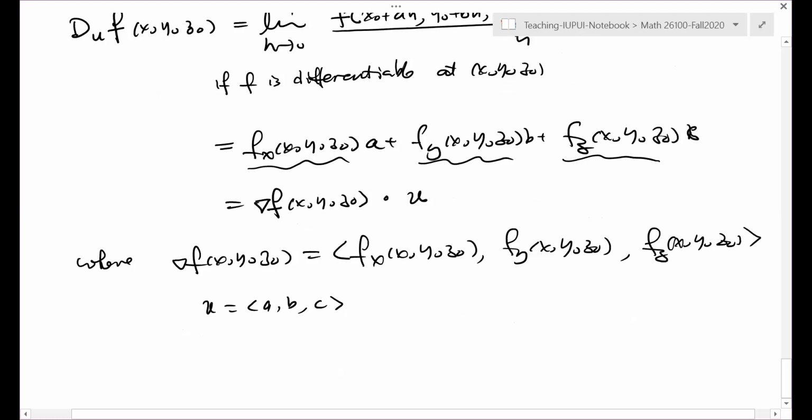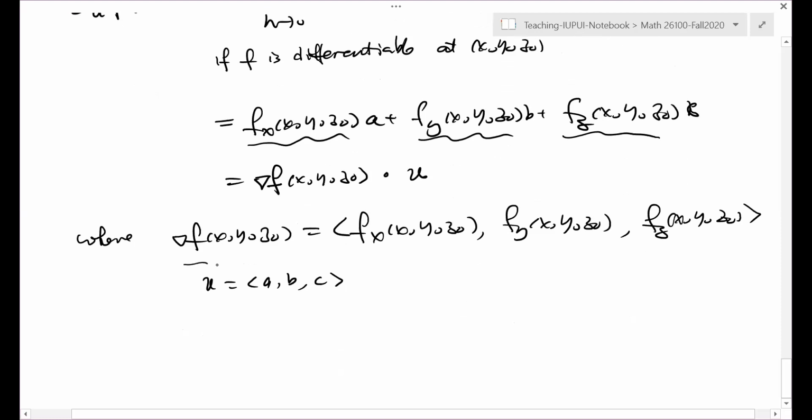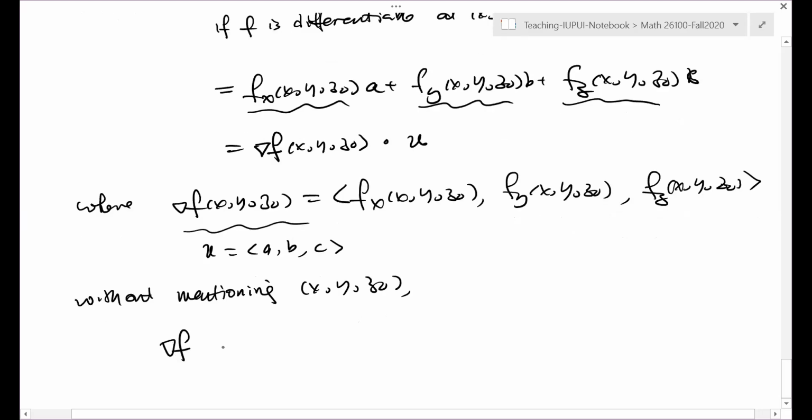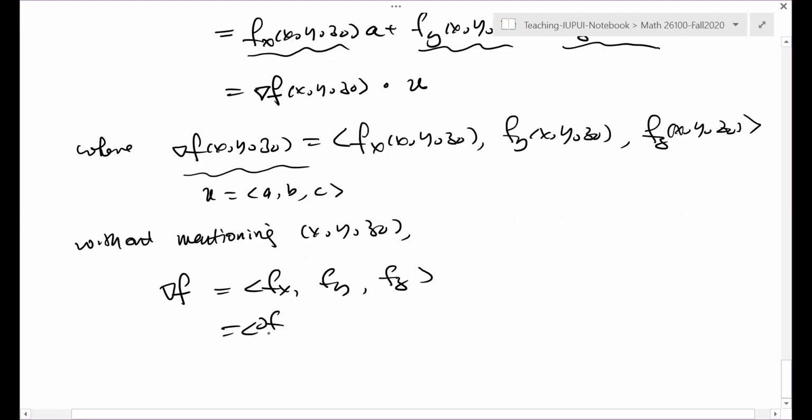Now sometimes we simply write this part if we don't want to mention the point. Without mentioning the point, we can simply write this. Much faster, right? And this also can be written in the form like that.